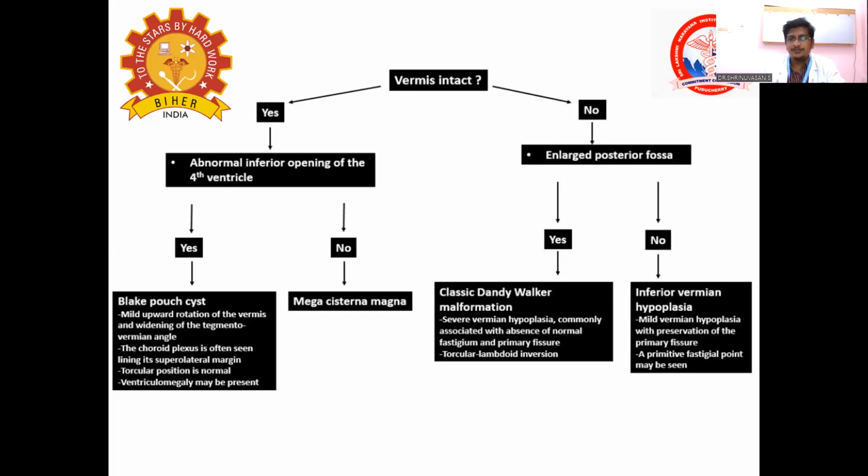And when it is not associated with an enlarged posterior fossa, then think of inferior vermian hypoplasia, that is mild vermian hypoplasia with preservation of the primary fissure. A primitive vestigium may be seen in case of inferior vermian hypoplasia.